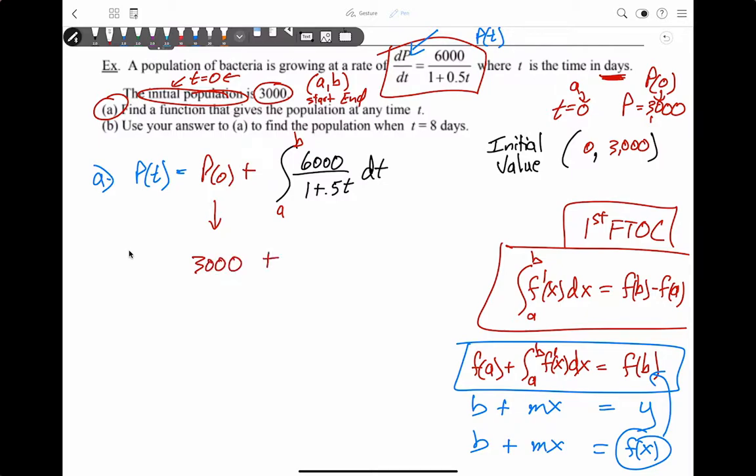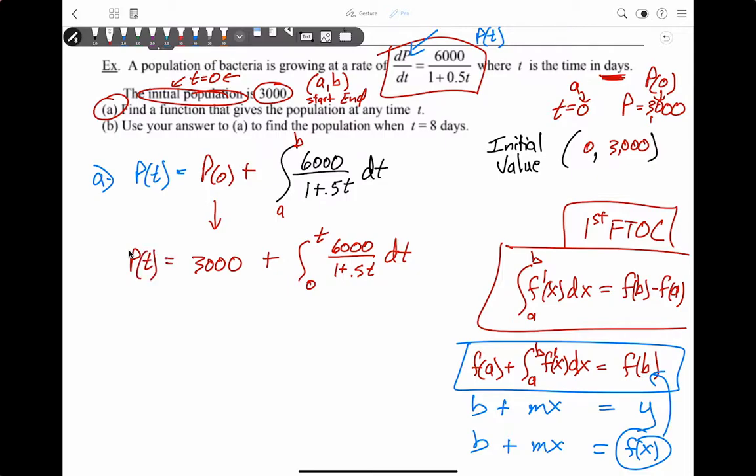And then we still have from 0 to, let's say, t, because we don't know what that time is, and then we're going to have it equal to the integral of the velocity function, 1 plus 0.5t dt, so that my value as far as P of t is concerned.